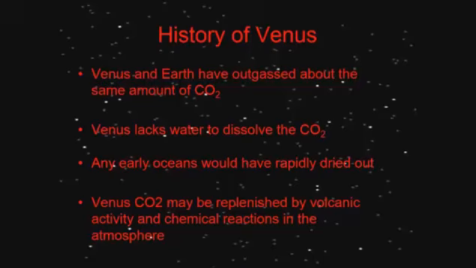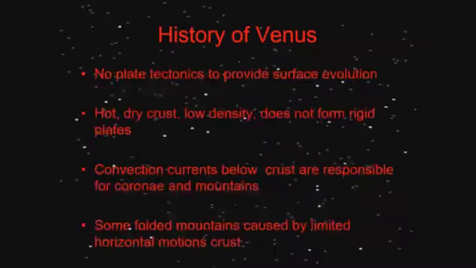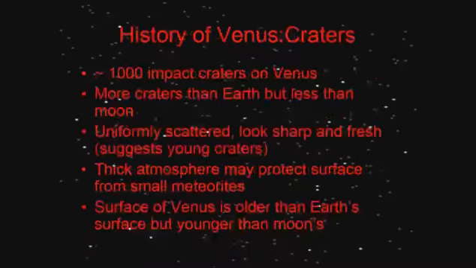So in its history, Venus and Earth have outgassed about the same amount of CO2, but Venus lacks the water to dissolve the CO2. We've talked about the plate tectonics, we've talked about convection currents and the mountain formation methods. We've also discussed things like the reason Venus has a young surface, about 1,000 impact craters, more than Earth, less than the Moon.